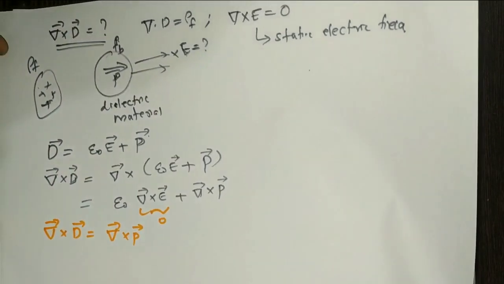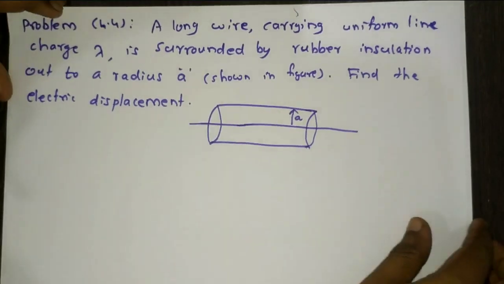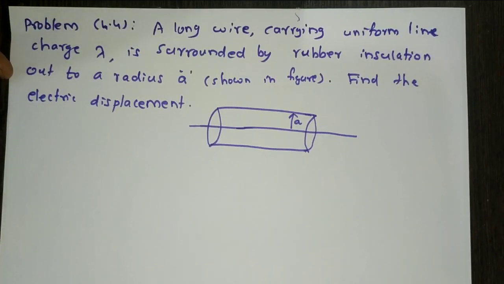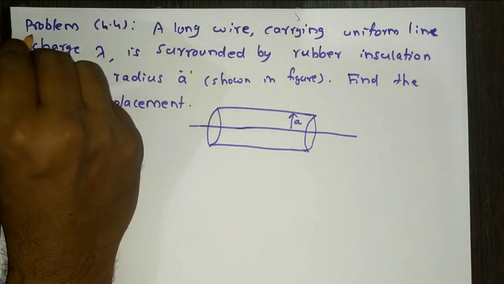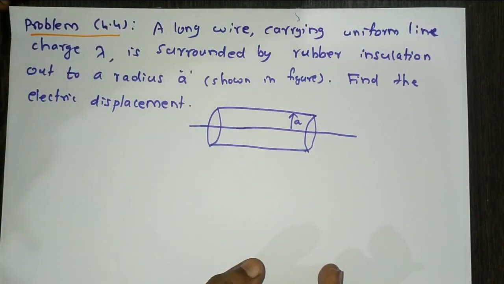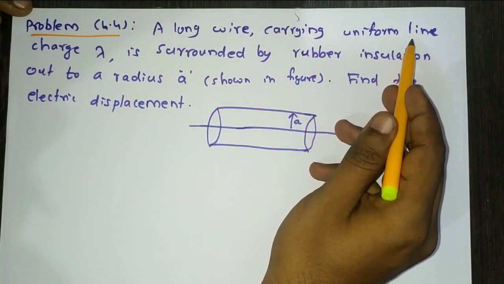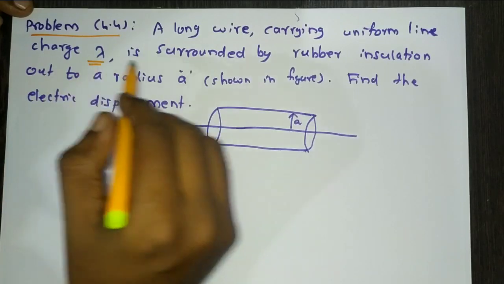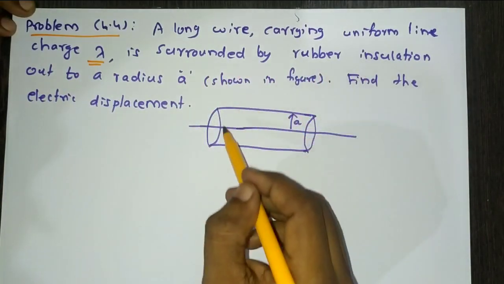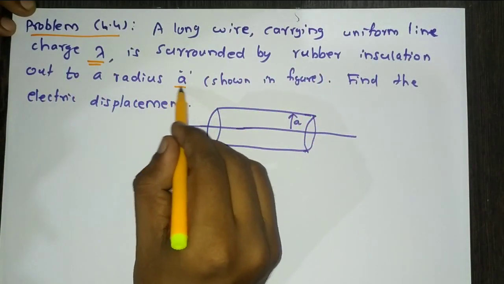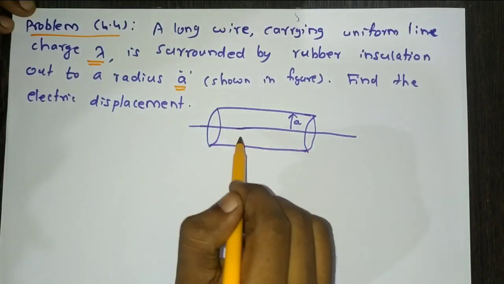Now we will do a small problem based on this to find the electric displacement. This is problem number 4.4, a solved problem in the Griffiths textbook. A long wire carrying a uniform line charge lambda is surrounded by a rubber insulation out to a radius A, as shown in the figure.